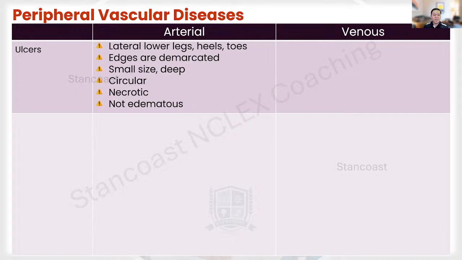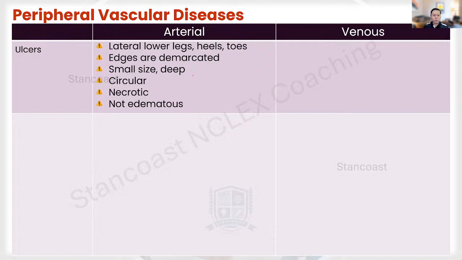There will be clear-cut edges, and the depth will be a deep type of wound, and the form will be circular. The necrotic tissue will have a lack of blood supply, so there will be eschar formation. Okay, the dead tissue will appear like that.